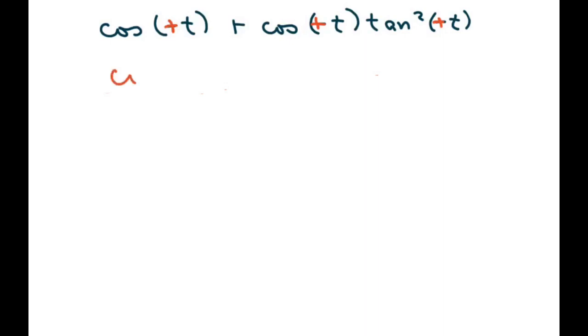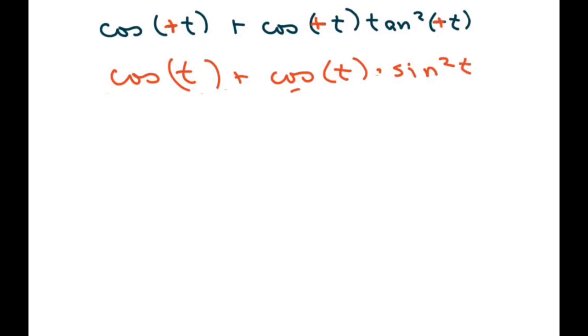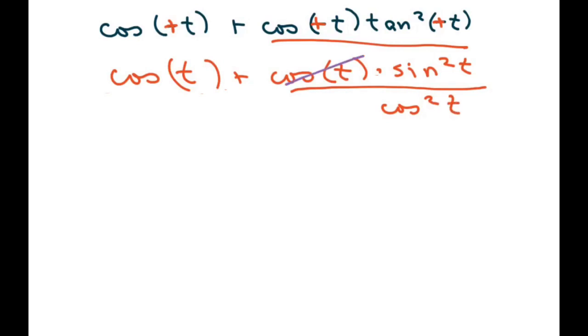So let me write this out. Cosine of t plus cosine of t times sine squared of t over, because this all goes together, cosine squared of t. Now what happens is the cosine goes into the cosine squared one time. So in the denominator we just have cosine of t.